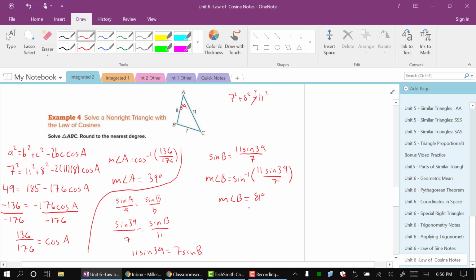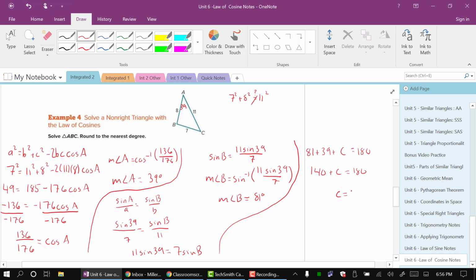Okay, so I got A, I got B. Let's just figure out C, and to figure out C, we're just going to go back to old reliable, 81 plus 39 plus C equals 180 degrees. Triangle sum theorem. It's been working for us, let's just keep using it. So when I add these two together and subtract from both sides, that's going to give me 140 plus C equals 180.